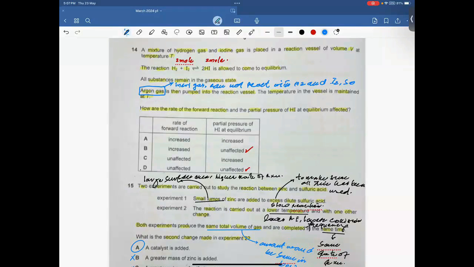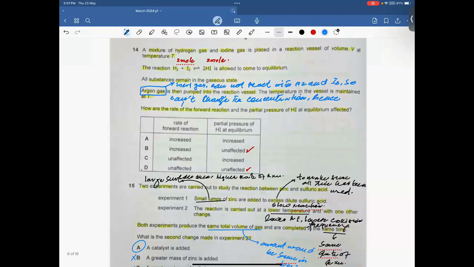So it cannot change the concentration, hence the rate of forward reaction will remain unchanged.